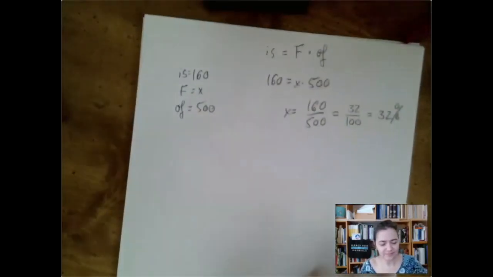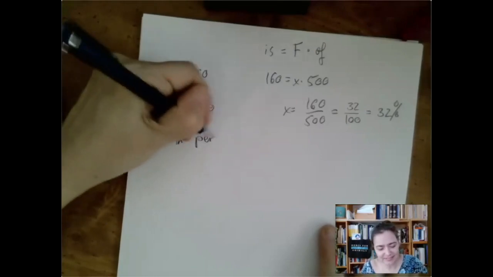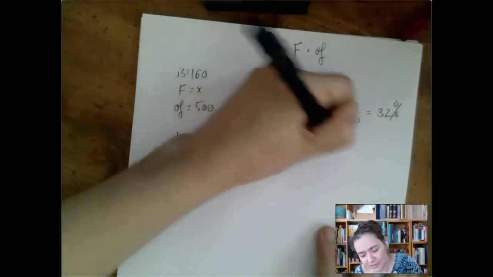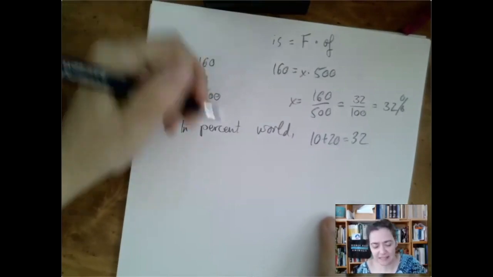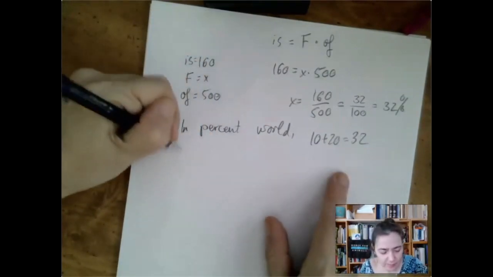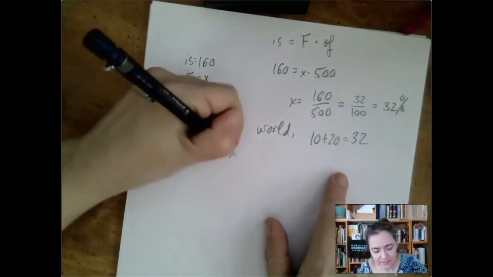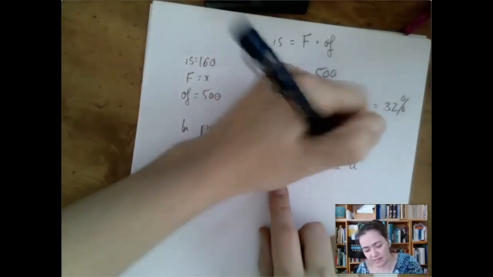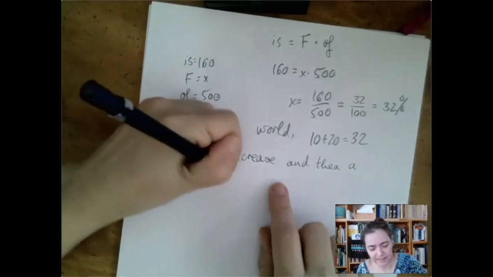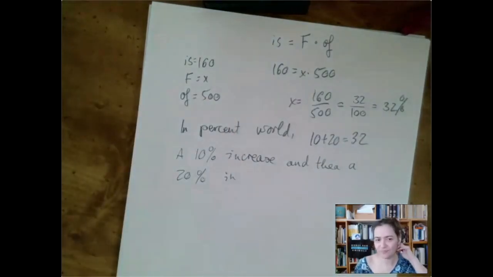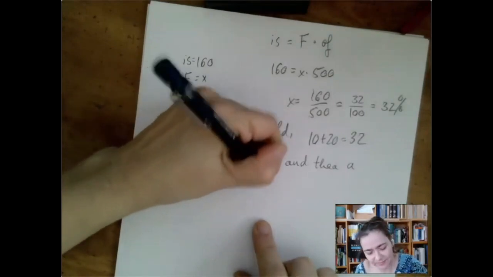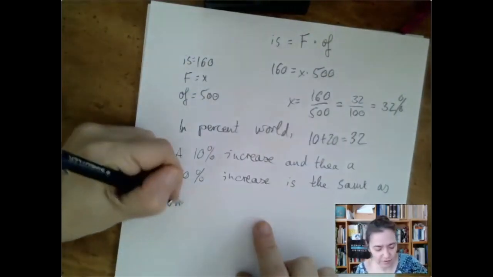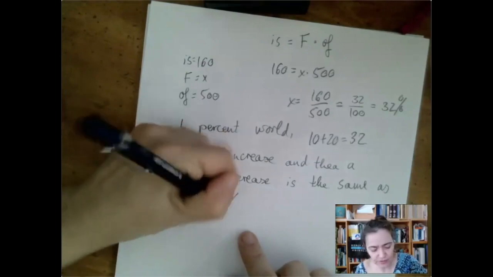So in percent world, 10 plus 20 is 32. By which I mean a 10% increase and then a 20% increase, that compound increase is the same as one swooping 32% increase.